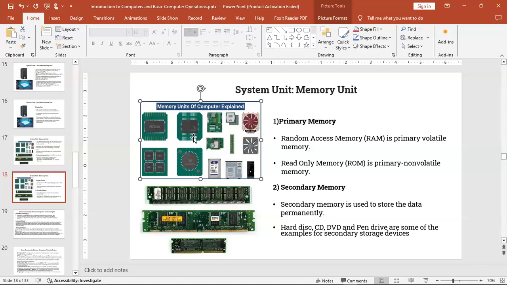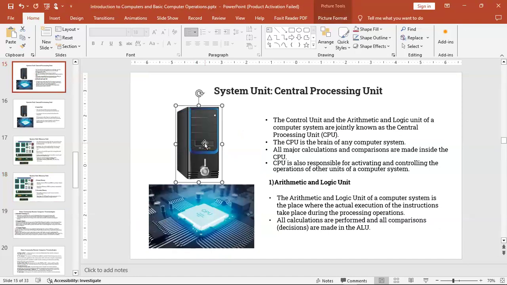You should know the physical differences between the RAM and the ROM. You could even be given the CPU of a desktop computer and told to open it and show where the RAM is, where the ROM is, and where the motherboard is.